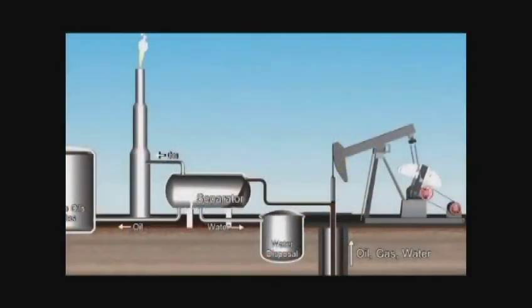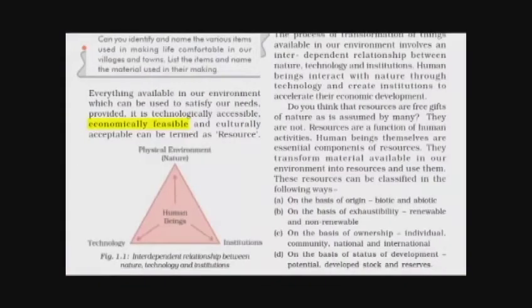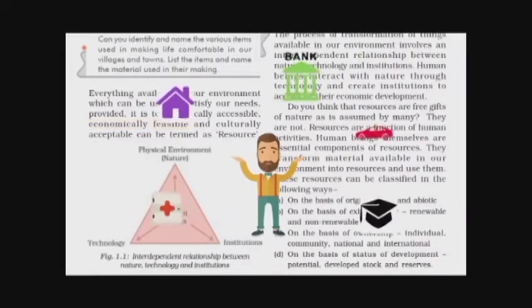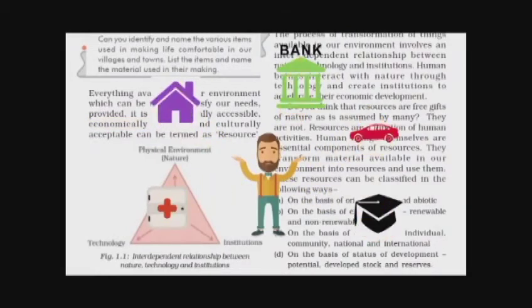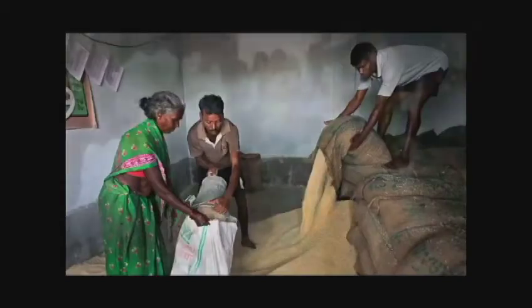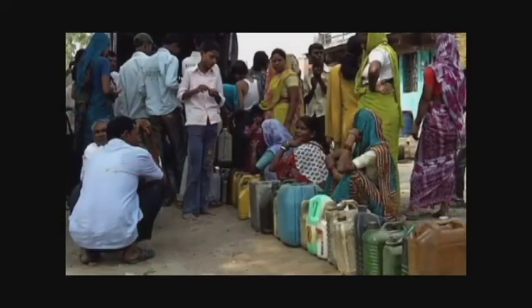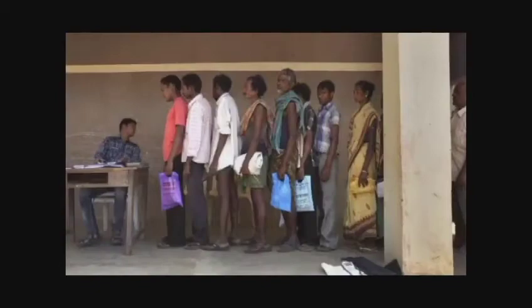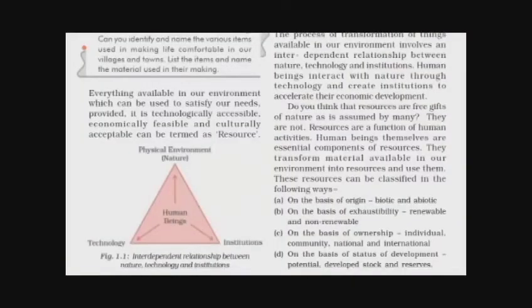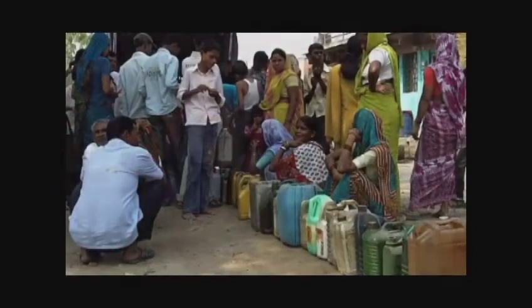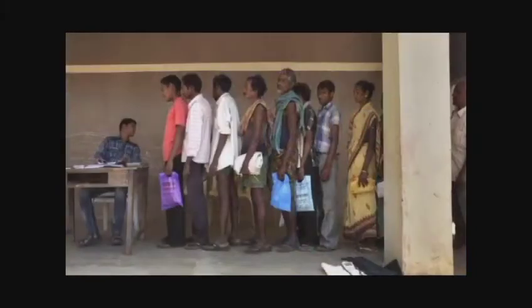Now comes economically feasible. The meaning of economics is resource allocation, how resources are distributed. If they are not provided properly, or not distributed properly among the people, citizens or society, they will not be useful.